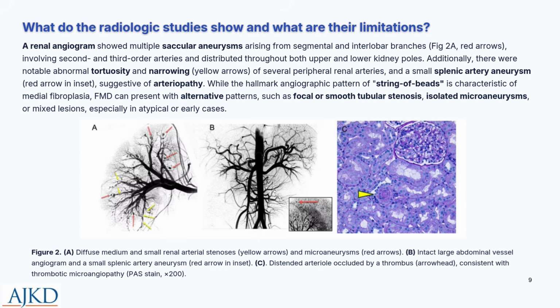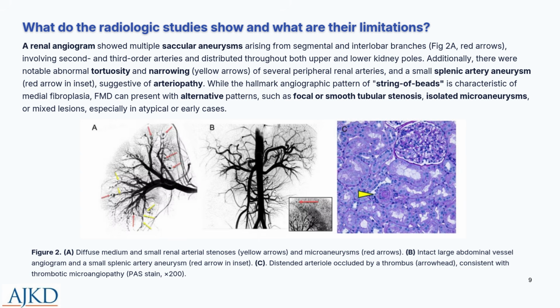The renal angiogram is the key study here, and what it shows is far from typical renal artery stenosis. Instead, we see multiple saccular aneurysms coming off the segmental and interlobar branches. Those are the red arrows in the figure. They involve second and third order arteries and are spread across both the upper and lower poles of the kidneys.